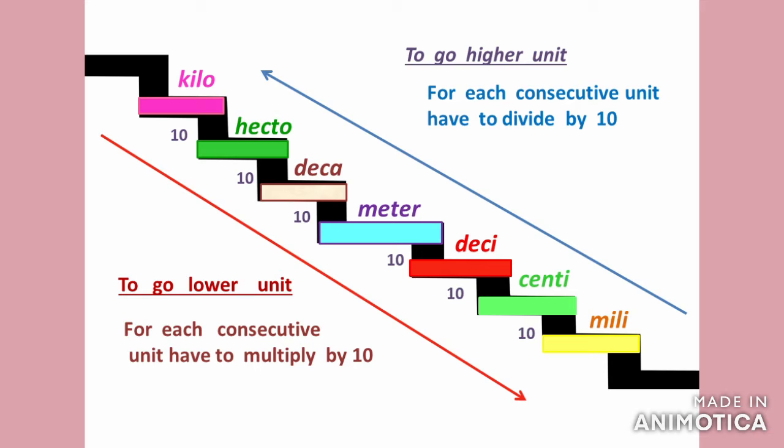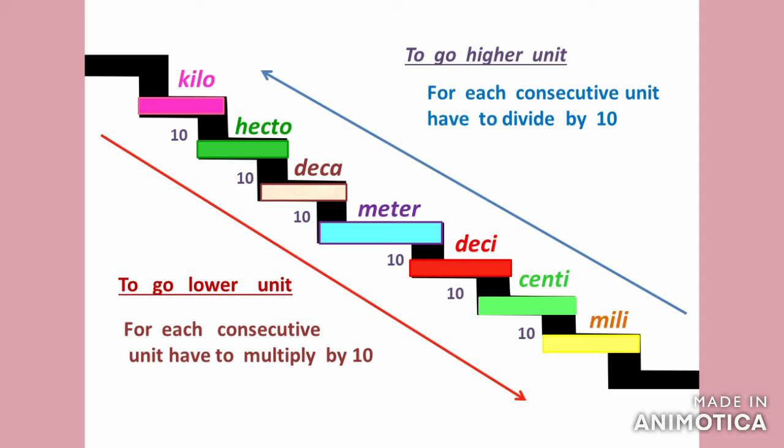And this 50 decameters, again we will divide by 10 to get hectometers. So 50 decameters is equal to 50 by 10 hectometers, which means 5 hectometers. So for each consecutive higher slab, we have to divide by 10.